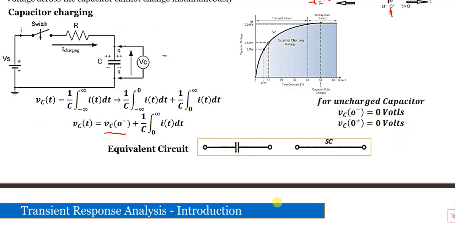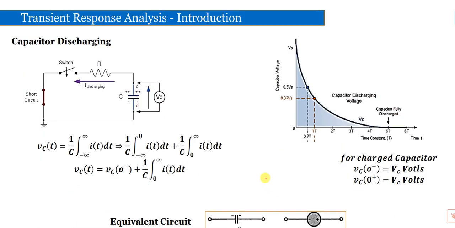Similarly, if there is no power supply and there is an initially charged capacitor, if there is an open circuit, the capacitor will hold that value. If a closed path is there, then the capacitor tries to discharge. This is the discharging time.